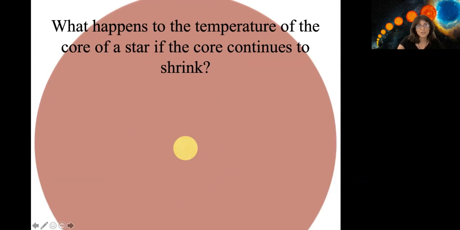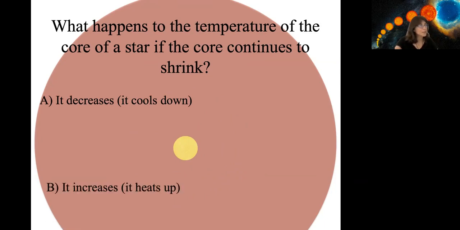The options that I'm going to give you are A, it decreases, or B, it increases. So here it is. What happens to the temperature of a shrinking core? As a core gets smaller and smaller, and remember, it's the same amount of mass, right?